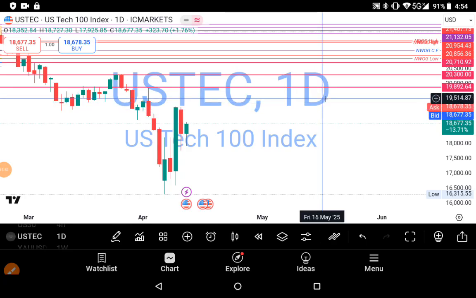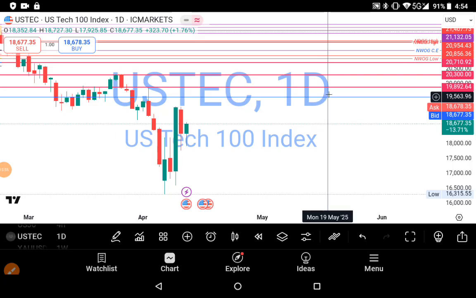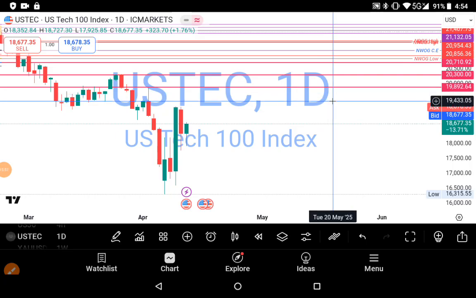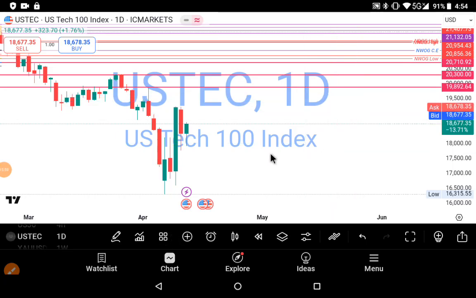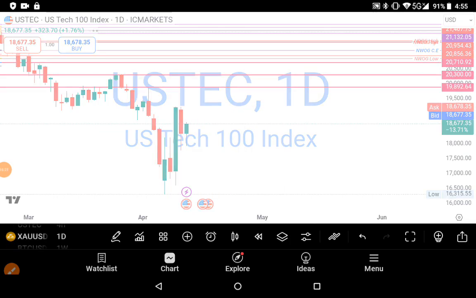So the next level I will be watching will be 19,500, and towards 20,000. So the lowest hanging fruit will be 19,500 and 20,000. That is on Nasdaq. So we should go to gold.